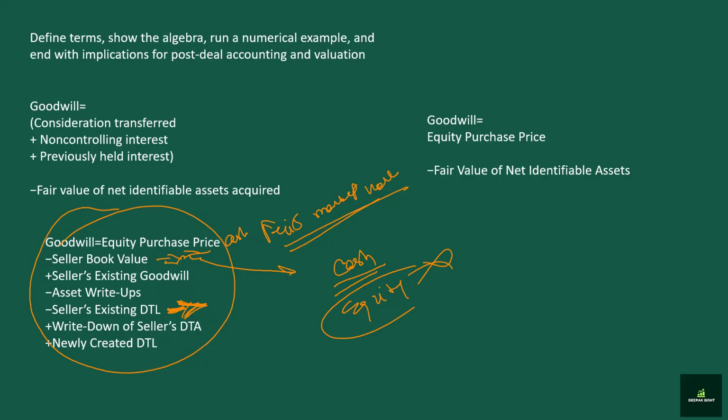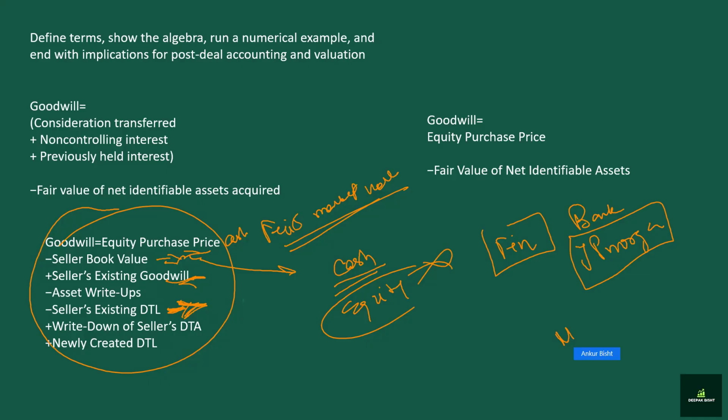The seller's existing goodwill, we will add it back, because the goodwill already appearing on the seller's books is not a separately transferable or identifiable asset for the acquirer, so we need to add it back. Why do we add it back? Understand this: let's assume I am a bank, let's say JP Morgan, and I am acquiring a smaller investment bank, Morgan Stanley's investment banking.